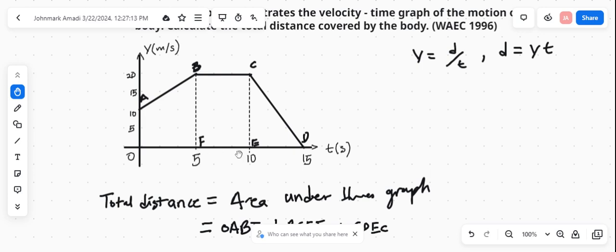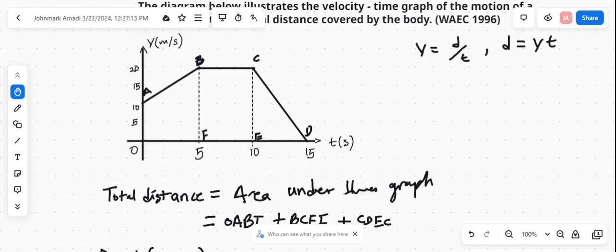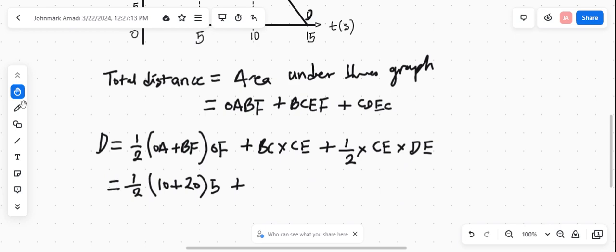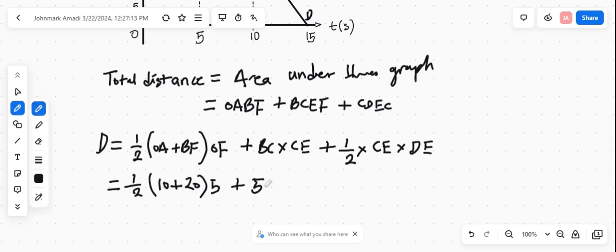From here to here is 10, but we are looking for this part, so it will be 10 minus this side. 10 minus 5 is 5. And from here to here is 20. So that will be 5 times 20, plus I have CE times DE.